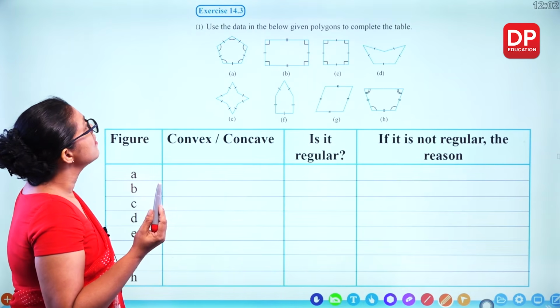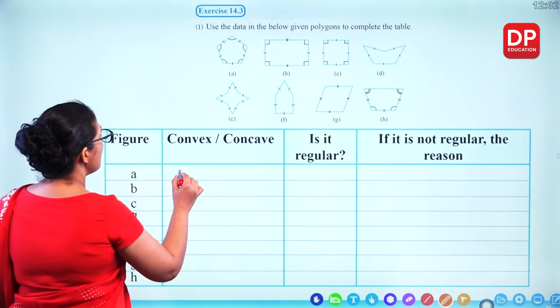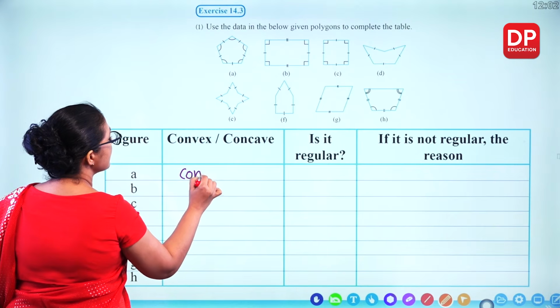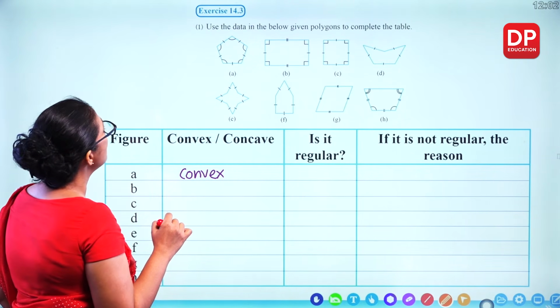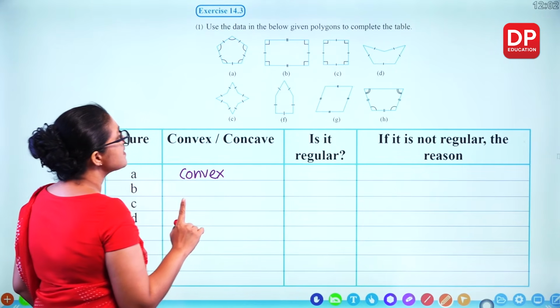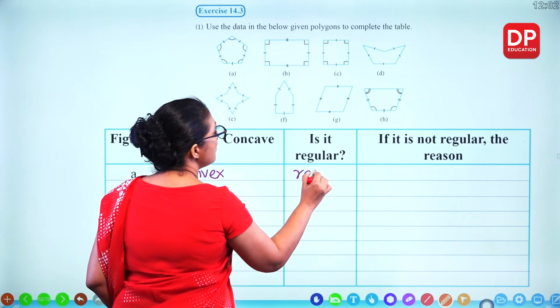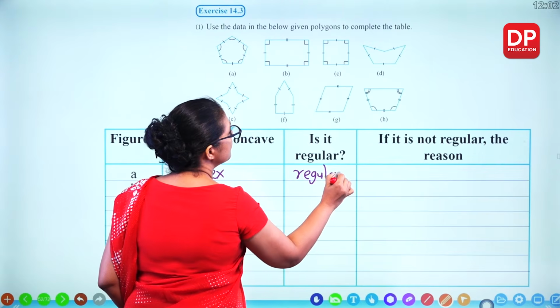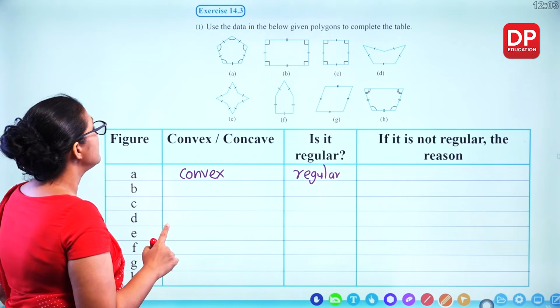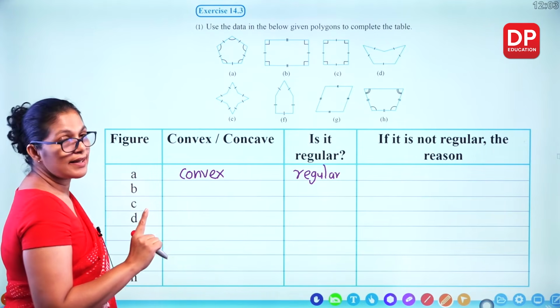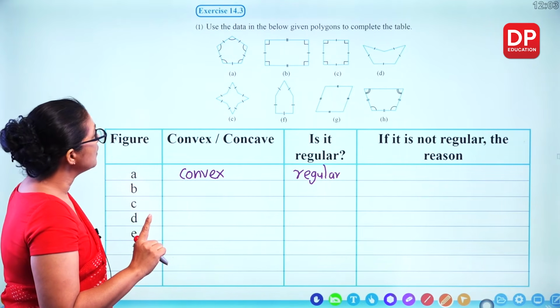That's convex because no reflex angles. Then is it regular? All sides are equal, all angles are equal, regular. If it is not regular, the reason. But here all angles and all sides are equal.